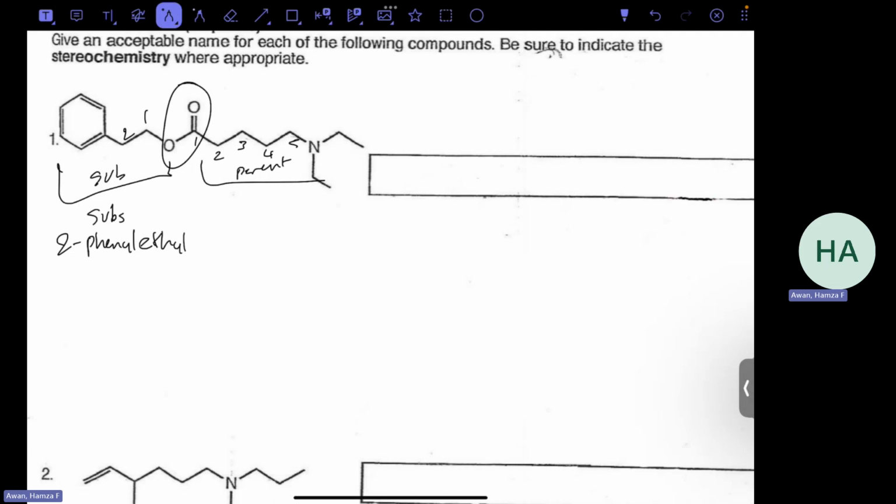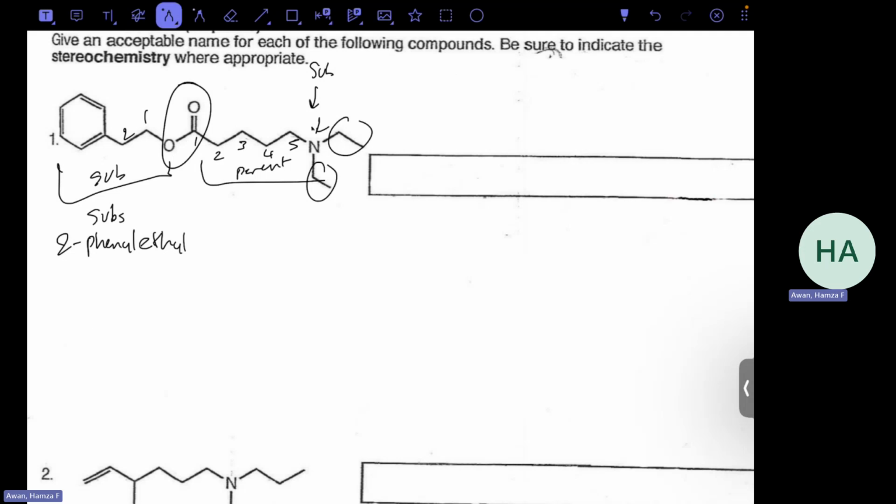And then we have a nitrogen group that has 2 ethyl groups attached to it. So this is one of the occasions where we're not going to use N to show that we have a substituent on the nitrogen. In this case, we're looking at the nitrogen as a substituent, right?